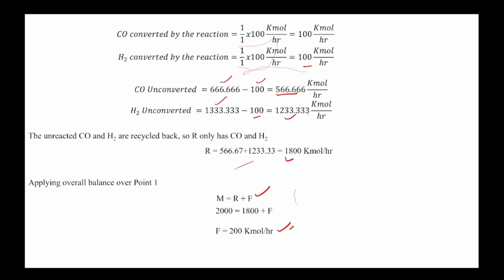This is a straightforward question, but I want to give a tip: when you go for the actual GATE examination, try to attempt the process calculation at the end. No matter how strong you are in process calculation, it takes time to think.